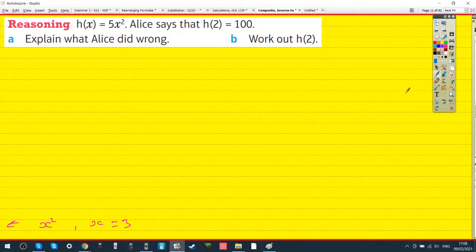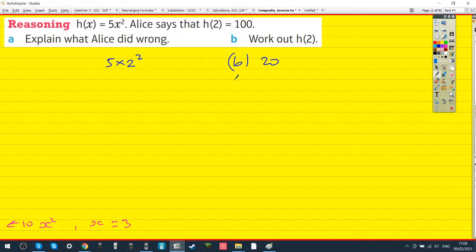She squared 10. Yeah, and why is that wrong? What are you supposed to do? 5 squared times 2. No. 5 times 2 squared. Oh. So for B it would have been 20. Correct. It should be 20.